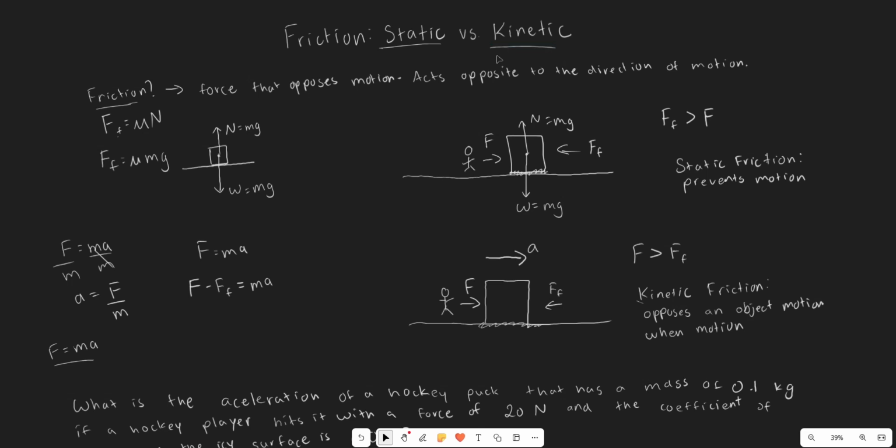A quick summary of the video: friction is related to normal force by the equation F equals mu N, mu times the normal force. Static friction is the friction that prevents motion, and kinetic friction is the friction that opposes an object's motion when it's already in motion. So that is a quick video on friction.